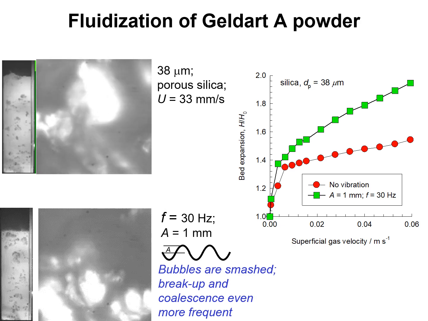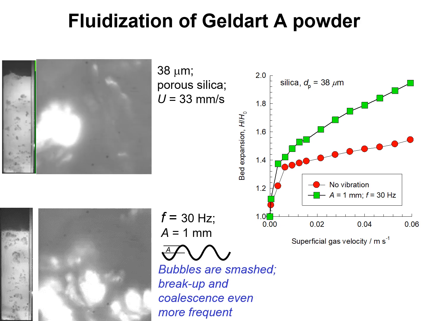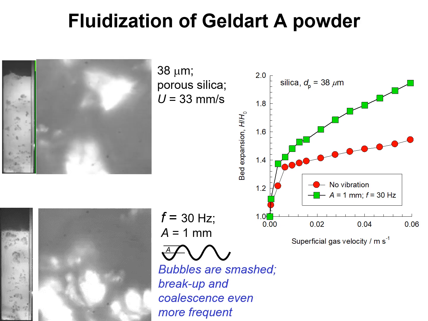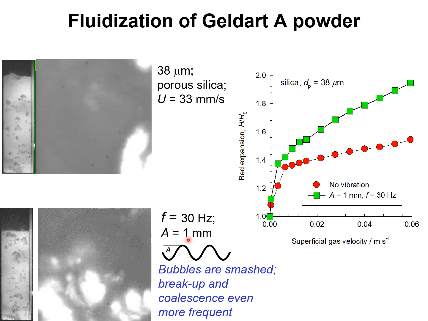For comparison, let's look at a vibrated column in which the vibration amplitude is 1 millimeter and the vibration frequency is 30 hertz. The video recording of the fluidized bed is shown here.